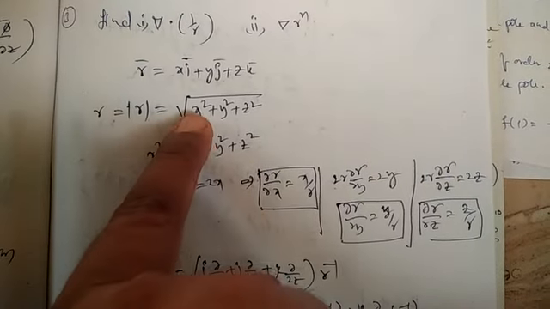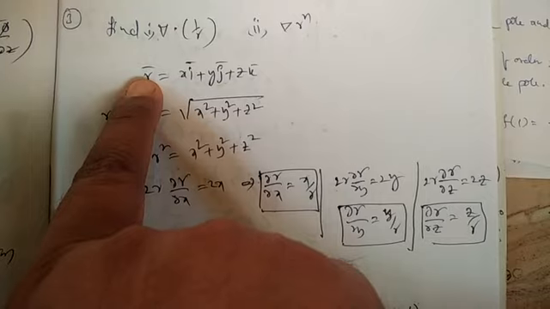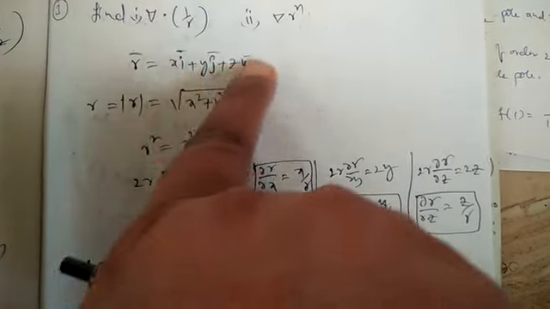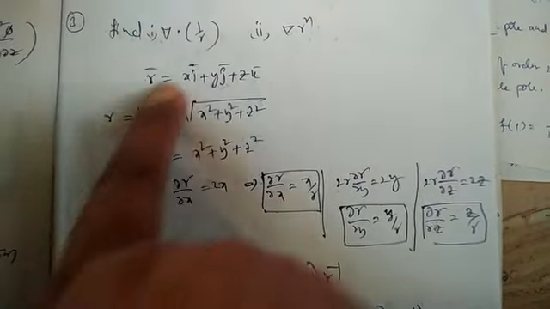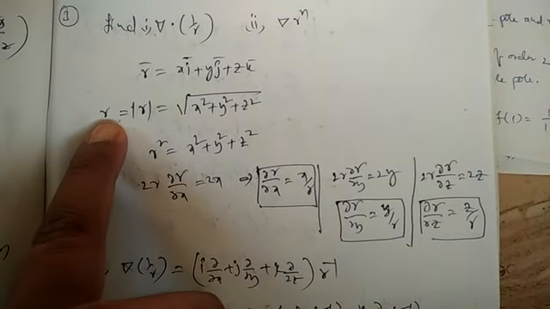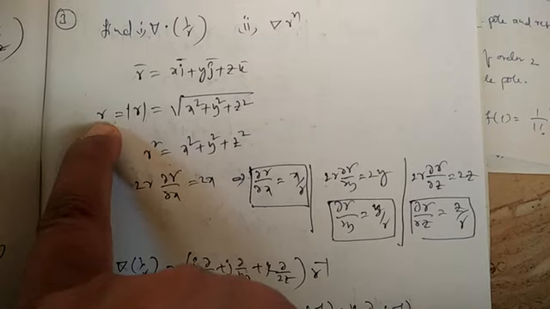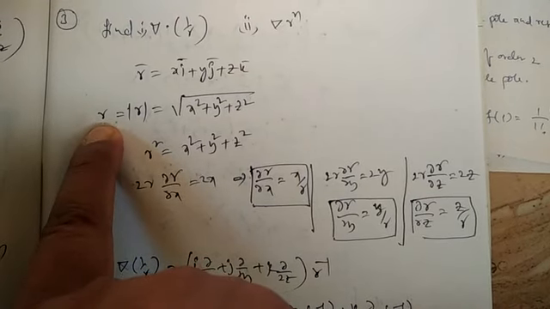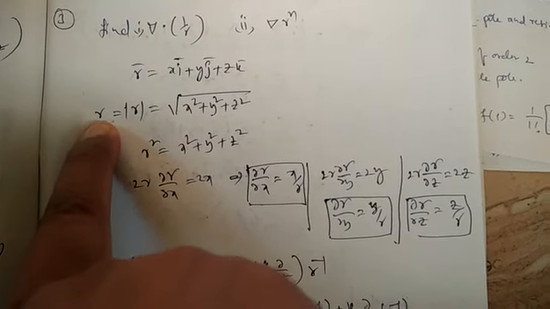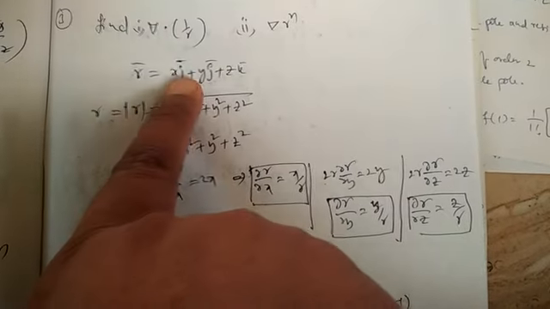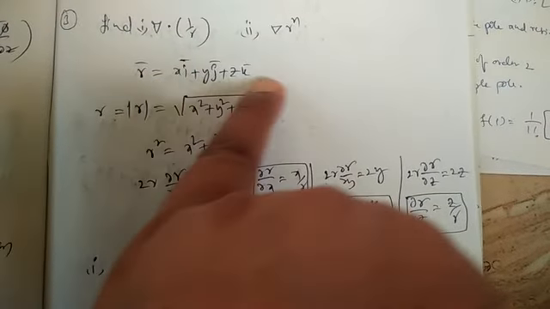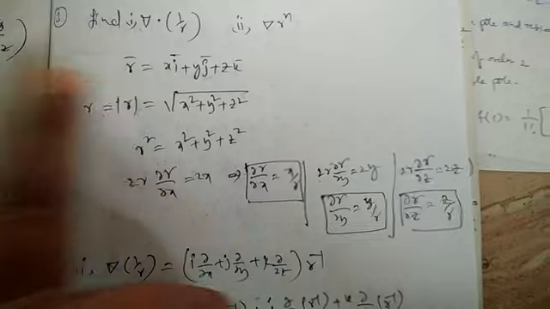So r is the magnitude and R bar is the position vector. Some books write R as a capital R also, but R bar is the position vector and r is the magnitude. We need to remember that.